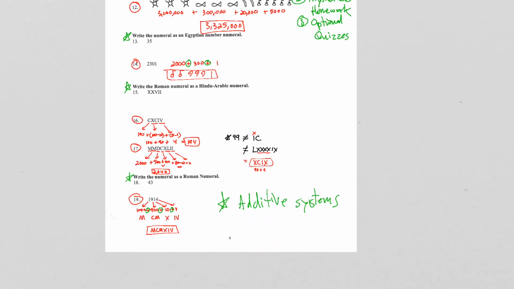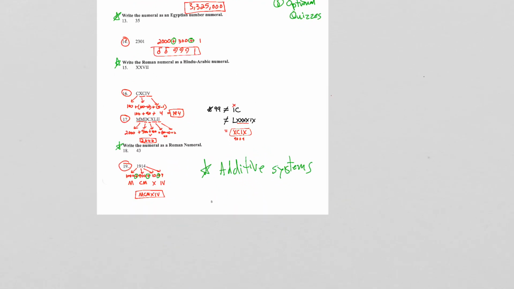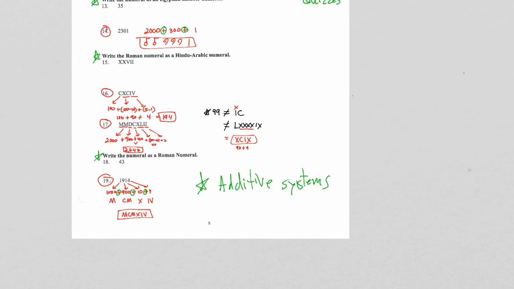So those are additive systems, versus ours, which is place value. So you will have a question on place value for ours, and that pretty much looks like this.